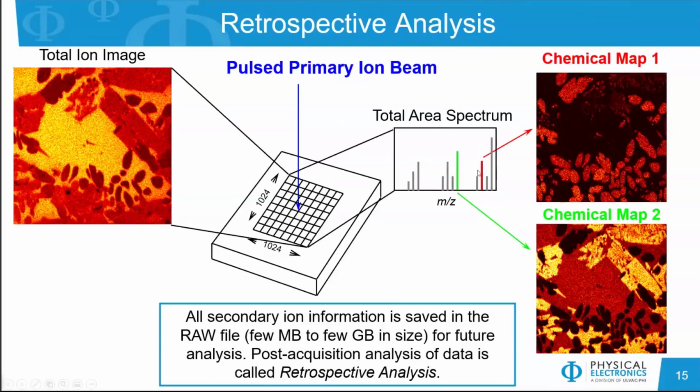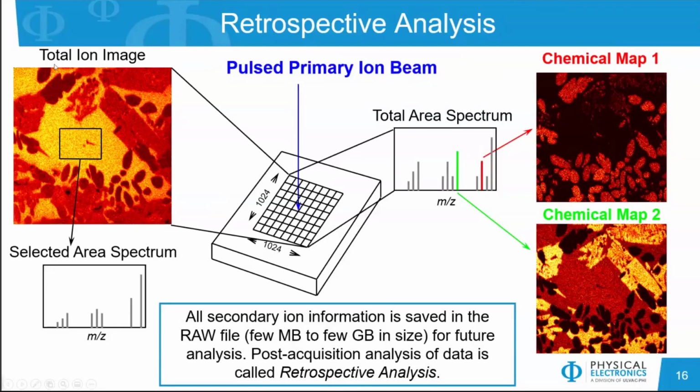From this red peak here, you can see the chemical information distribution from that peak, as well as the peak for this green one here, and see how these ions are distributed across your sample. Or you can work off of the total ion image, select regions of interest, and look at spectra from there. So you can work both ways to try to understand and interpret your data better.